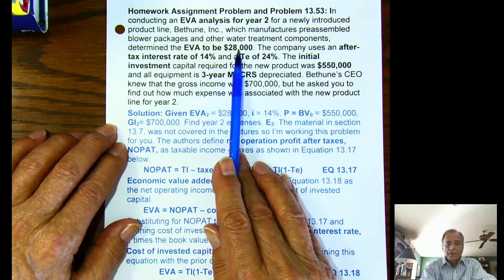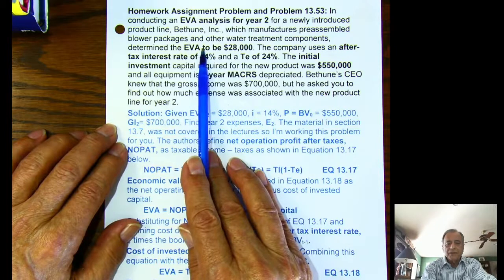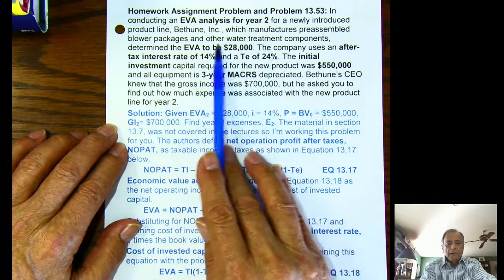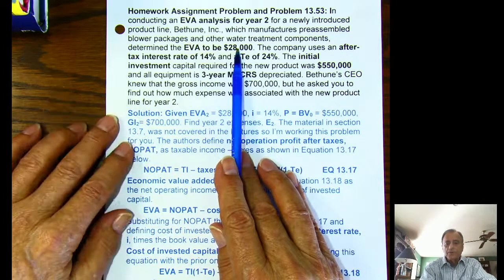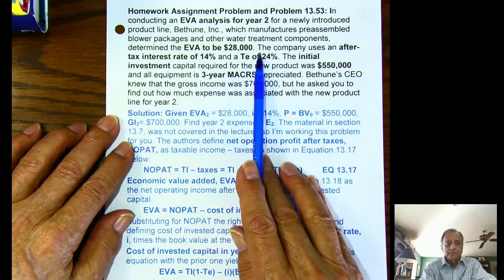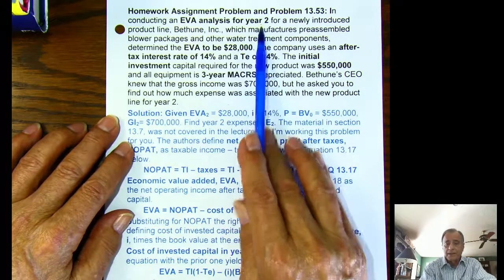Now this is the EVA value, economic value analysis value, for this component, $28,000 in year 2. Okay, $28,000 in year 2.